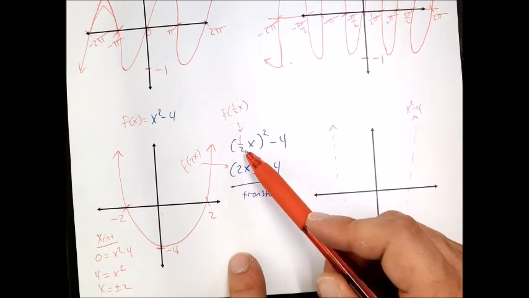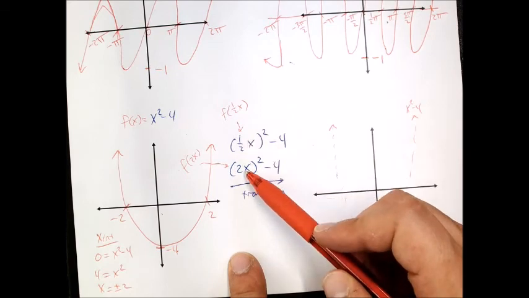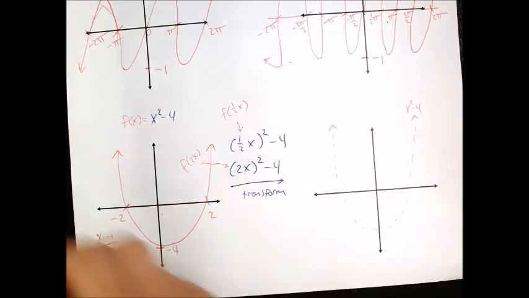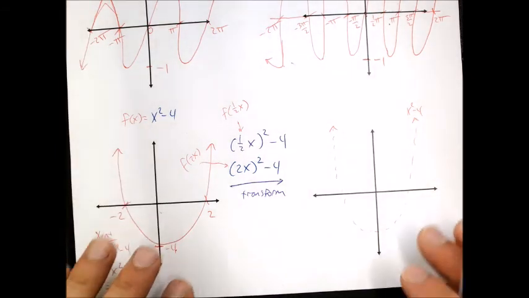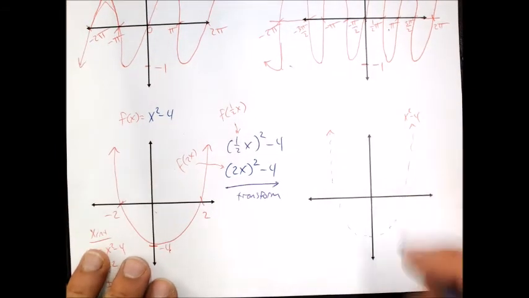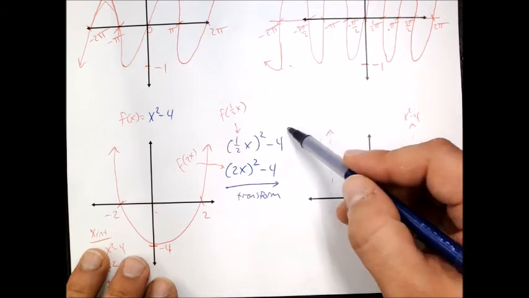And so the 1/2 is going to stretch it horizontally, and the 2 is going to shrink it horizontally. The 1/2 might look like this. It's going to be a wider version of that, with the same intercept of -4, except wider.